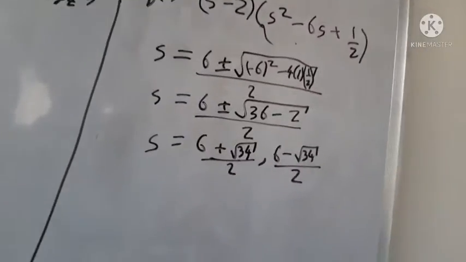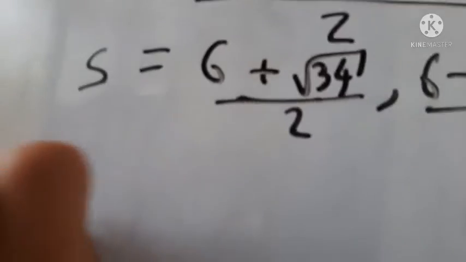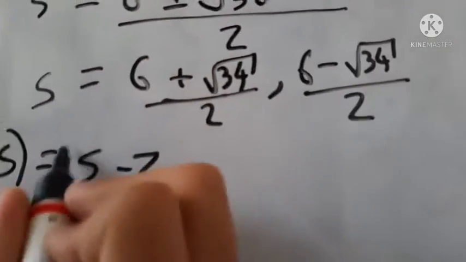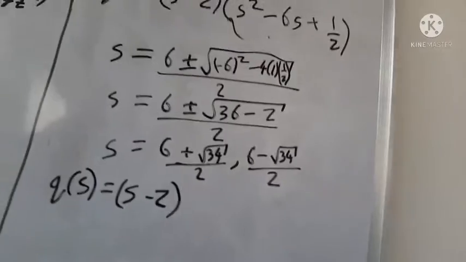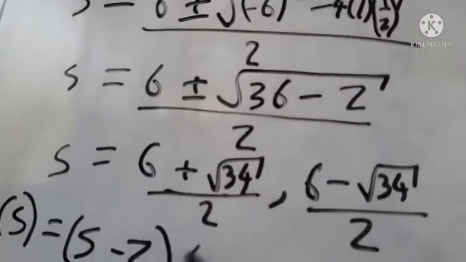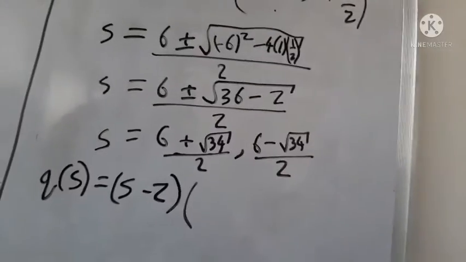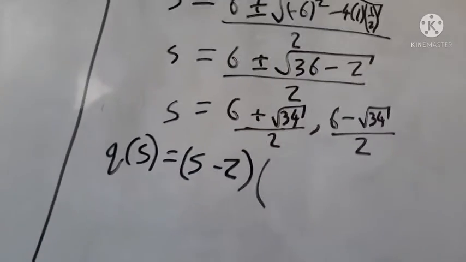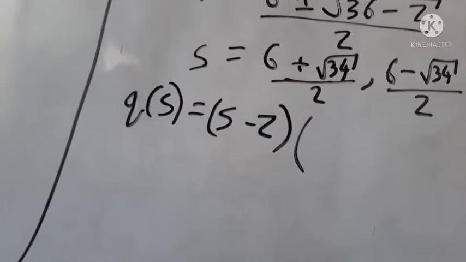Yeah, that makes sense. So Q of S entirely factored out is equal to S minus 2 first and foremost. Okay, that's going to be, is it going to be 6S?